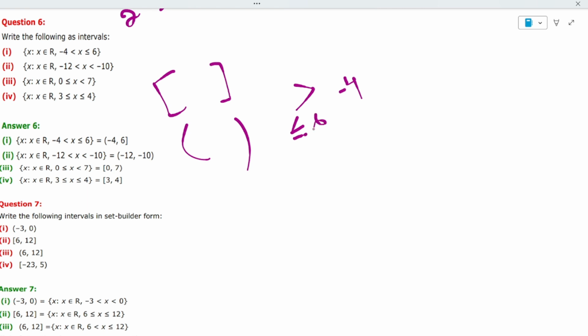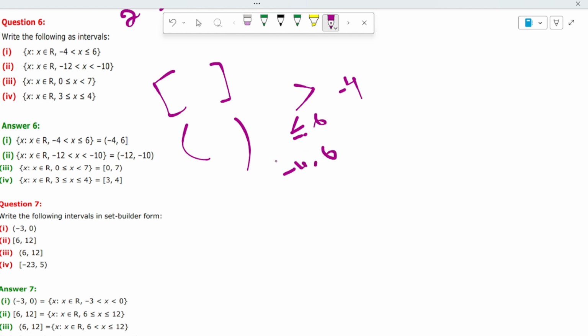Now you have to mention the number line: in the middle is 0, here will be the negative and here the positive integers, as we all know. The interval should start from the negative part. It should be minus 4 comma 6.